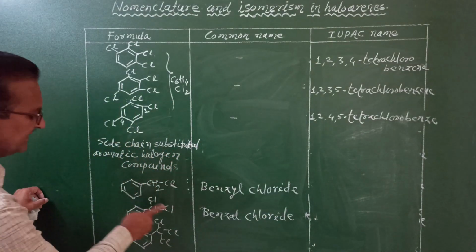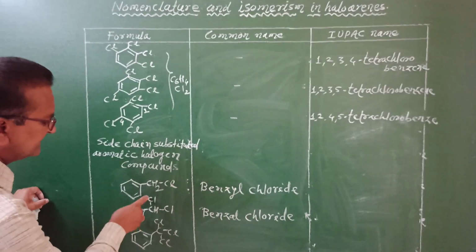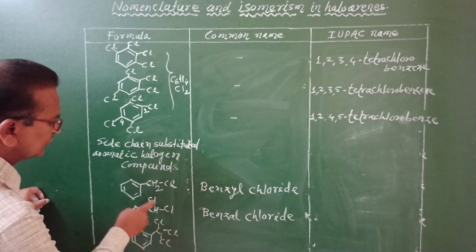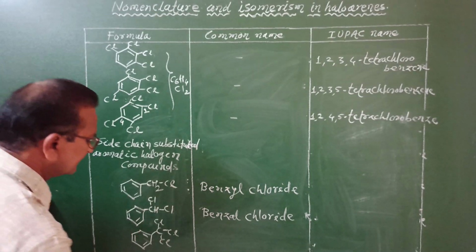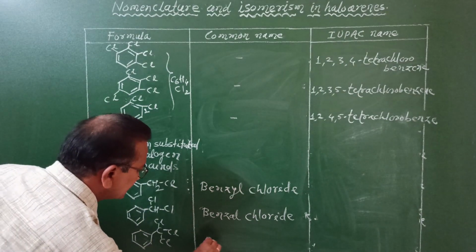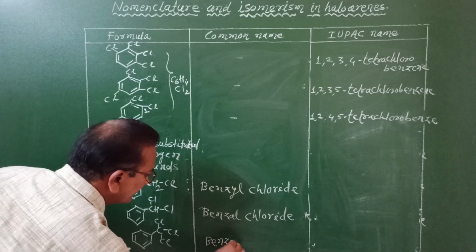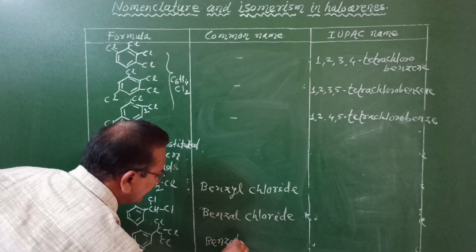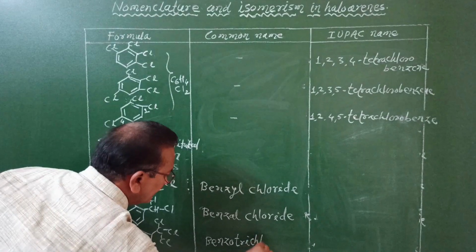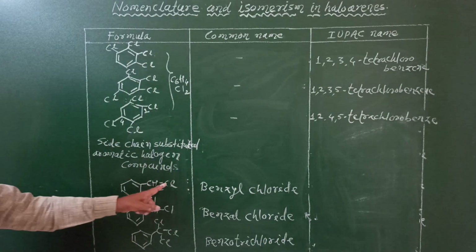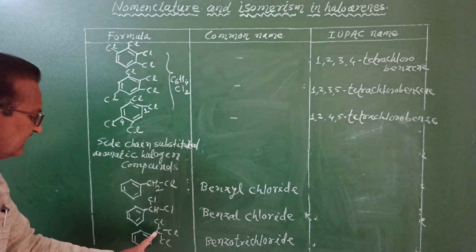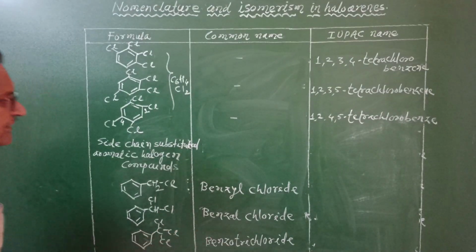Or this is also called benzylidene chloride, since two chlorine atoms are bonded to the same carbon atom. And this is known as benzotrichloride. These are the common names.